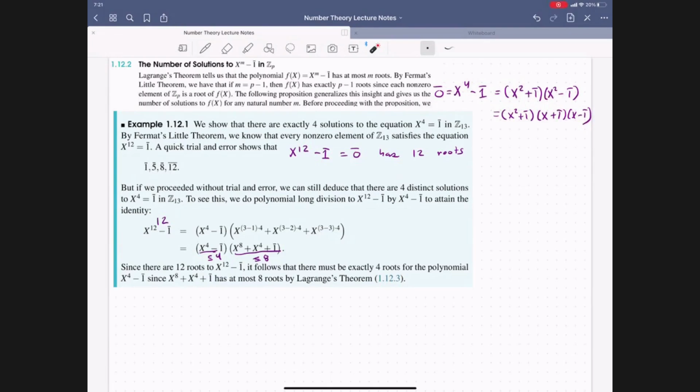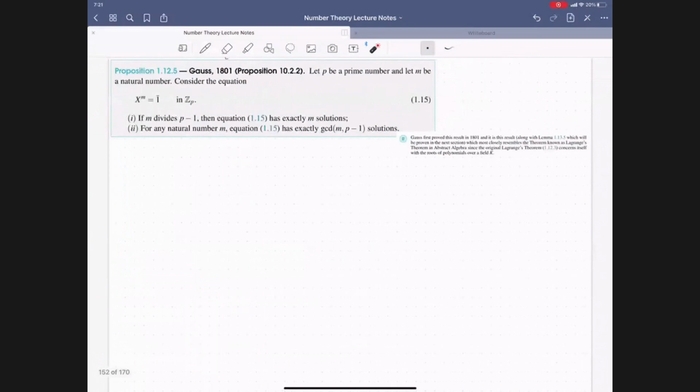And in the case of 4, by Lagrange's theorem, there's at most 4, and then the second polynomial here must have at most 8. And so together we must have that that is equal to p minus 1. So let's go ahead and do the same argument for this proposition. Let's suppose that m divides p minus 1.